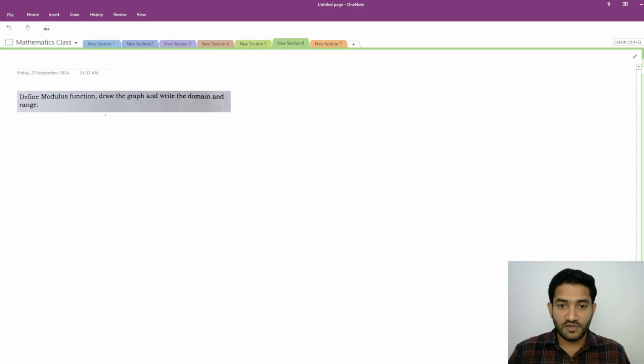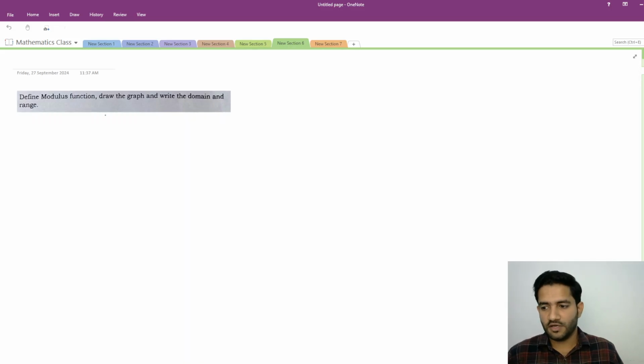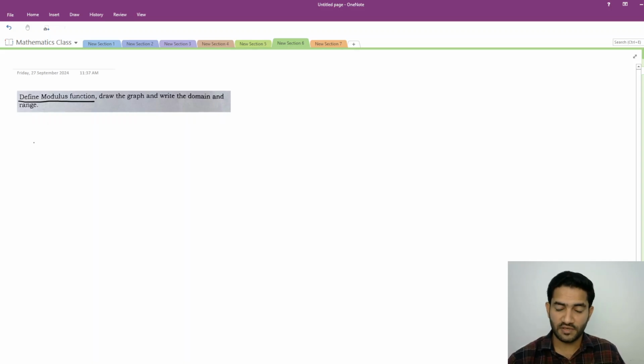Define the modulus function, draw the graph, and write the domain and range. Define modulus function. So what is a modulus function? A function means we want to define the domain first and the codomain.